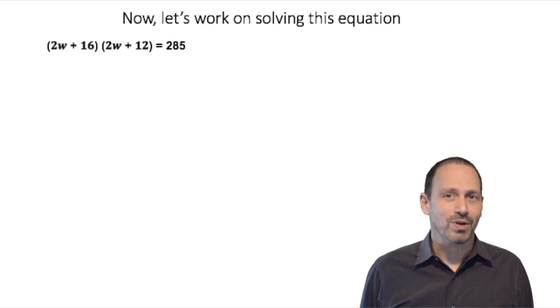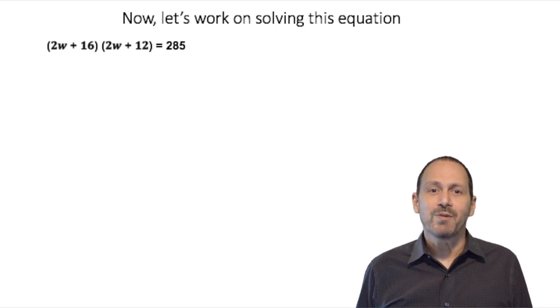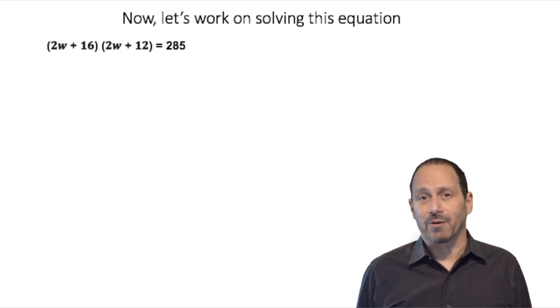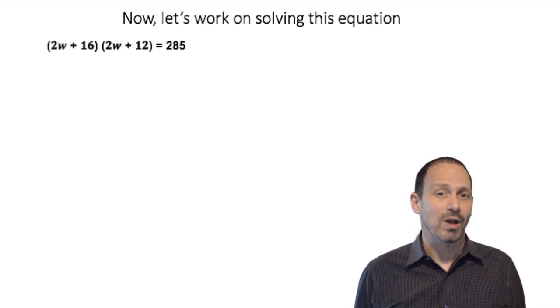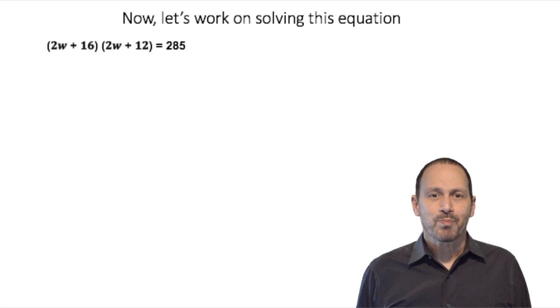Now let's move forward and solve this equation. We begin with the length multiplied by the width equal to the area. That is 2W plus 60 multiplied by 2W plus 12 equal to 285.